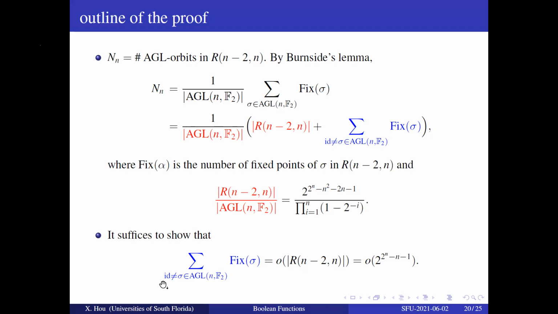It is very important that we exclude the identity, so the term where sigma is equal to identity is the dominant term, and the other terms all combined are not as big as the dominant term. That's the main idea.